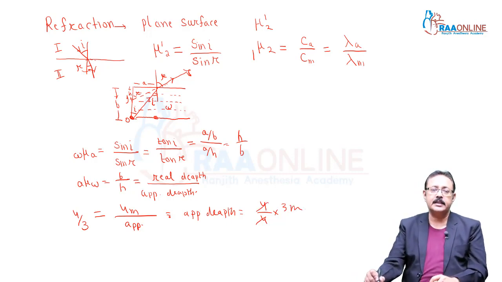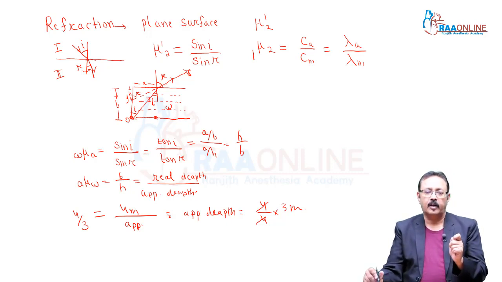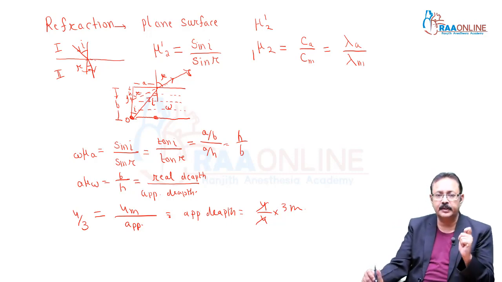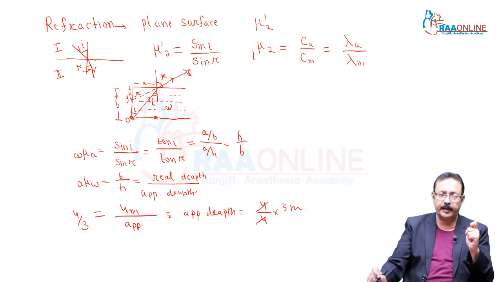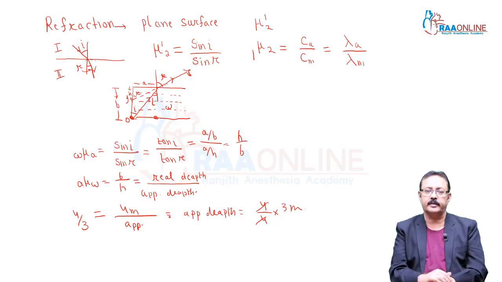So that's why it is risky to jump into water only by observing the depth. Real depth is always greater than apparent depth. If you are observing that it should be 3 meter, but in actual it is 4 meter.